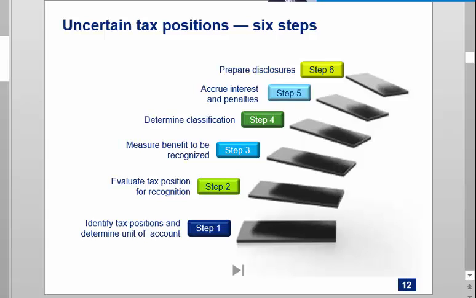Okay? The question he's trying to answer is, he took a benefit for the credit by reducing his payable. Now he's trying to figure out, should I set up another liability in case the tax authority comes back and assesses me tax? So that is the purpose of this section. Should we set up a liability to anticipate having to pay more tax?